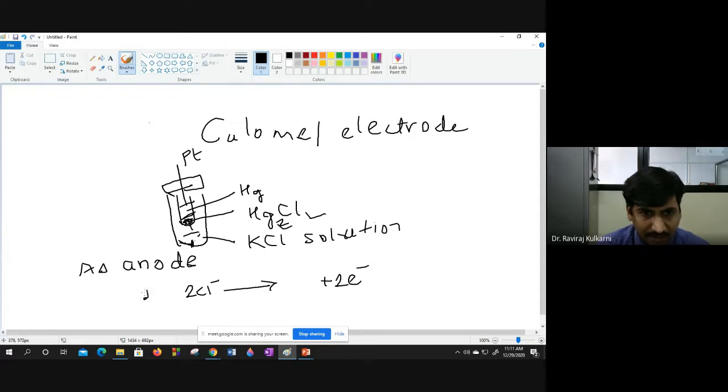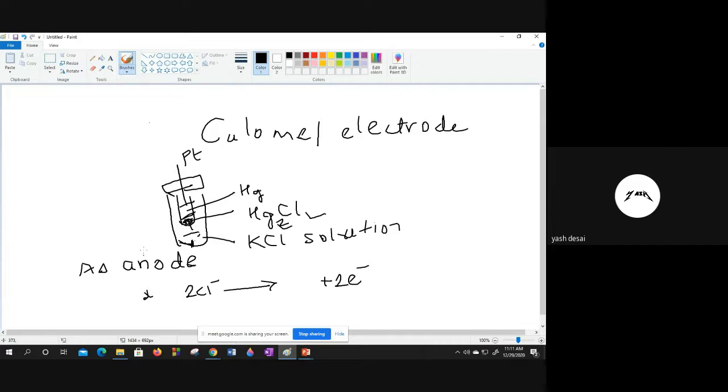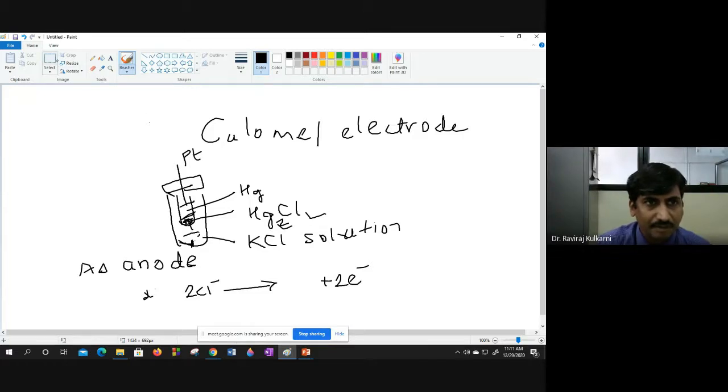And here I should write 2Hg plus 2Cl minus gives Hg2Cl2 plus 2 electrons.